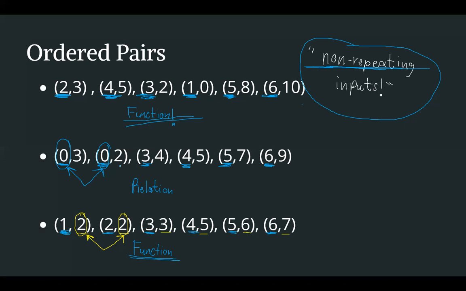So this is obviously not a function, but just a mere relation. For the first and the last example, they are still relations, yes, but in a special way, because their inputs are all unique. They are different. Hence, they are called functions instead of relations. Okay, so we can proceed.